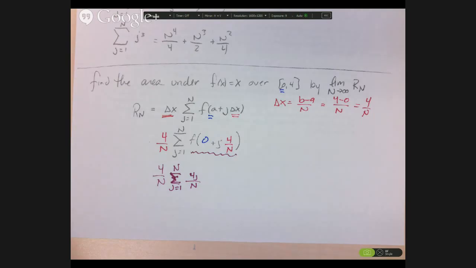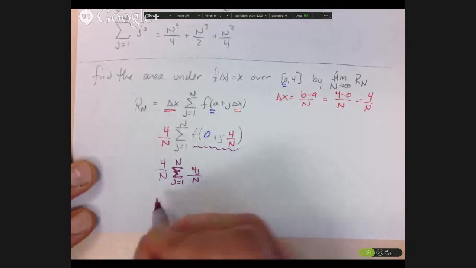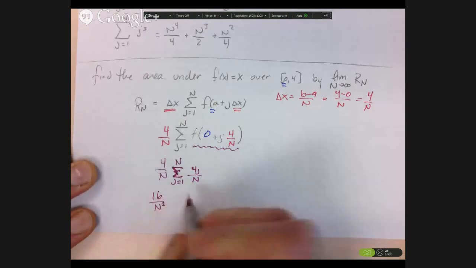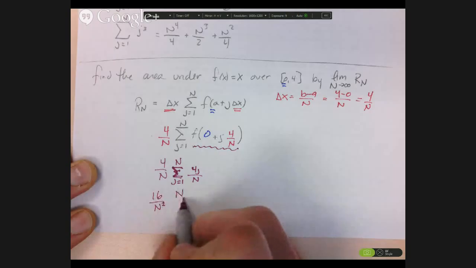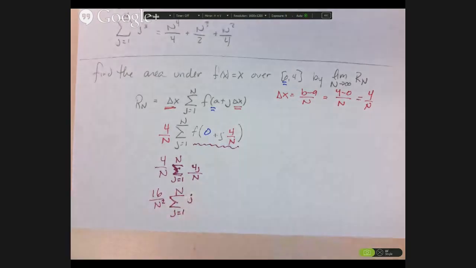Now I'm going to simplify it one more time. We're going to pull the 4 over n out, since it's just a constant. 16 over n squared. And we end up with that.